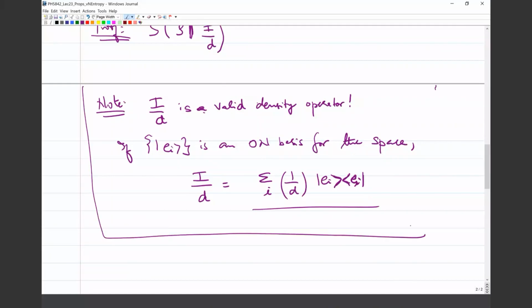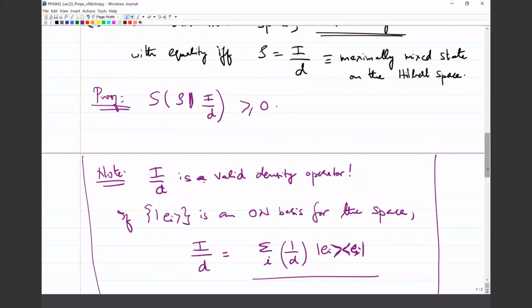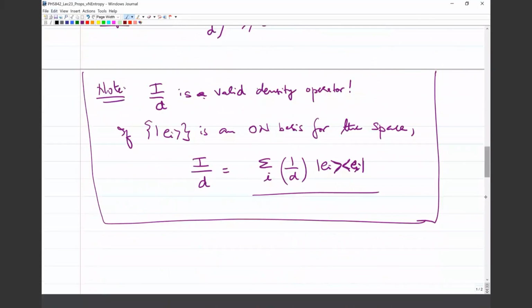So when I'm taking this relative entropy, I know that this has to be positive. That comes from the theorem that we proved yesterday. So let us expand the left-hand side.